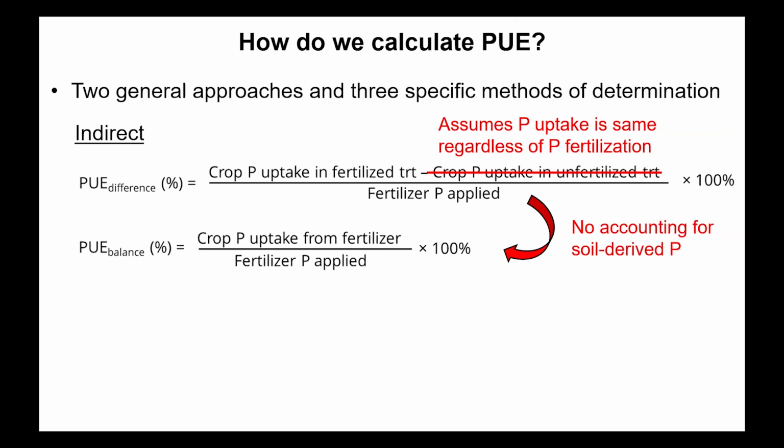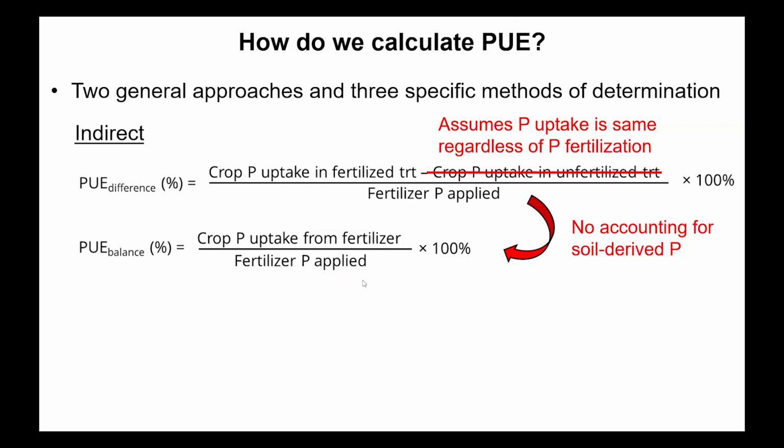And yes, some of the soil P is derived from past fertilizer, but when we're discussing the PUE of what we applied in that season, then this has a potential artifact of overestimating PUE by counting soil derived as fertilizer derived. Now, for relative comparisons, it works, and sometimes it's the best we can do, especially at, say, global study scale.